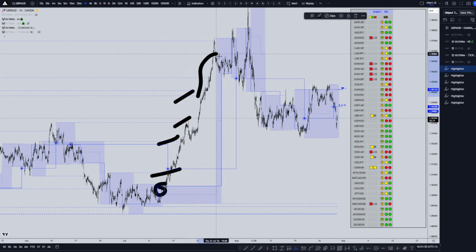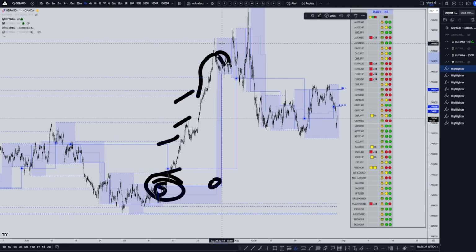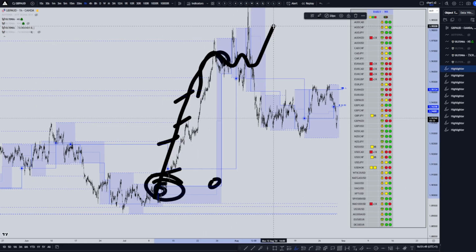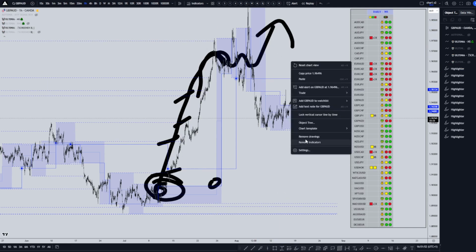But then we pull back into the cloud. This bullish break is still valid, so it will be green because we have a bullish break. So the market structure is bullish trending, but we have accumulation, which means it could be just reaccumulation in the cloud for continuation further.